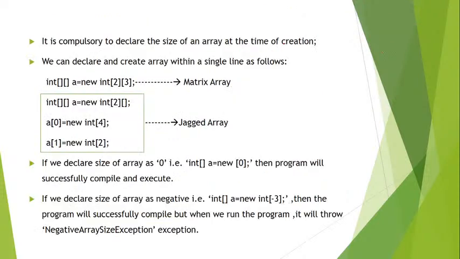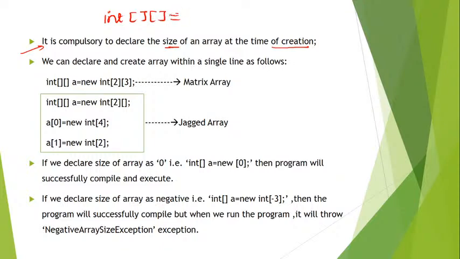Now we can see it here. First, it's compulsory to declare the size of an array at the time of creation. You can also declare and create within one line.